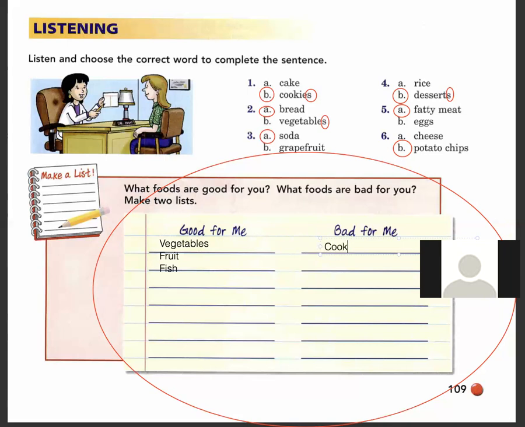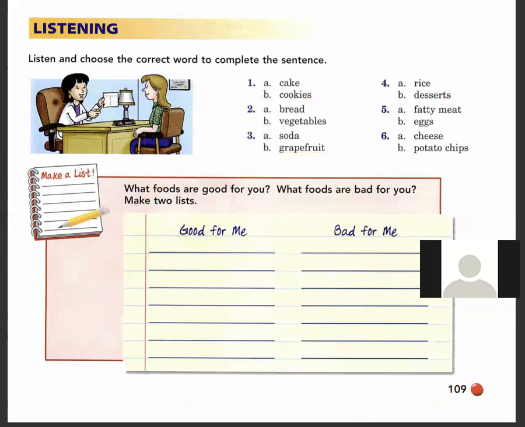Cookies, cake, potato chips, soda. Excellent. All right, let's continue on. Carrots.